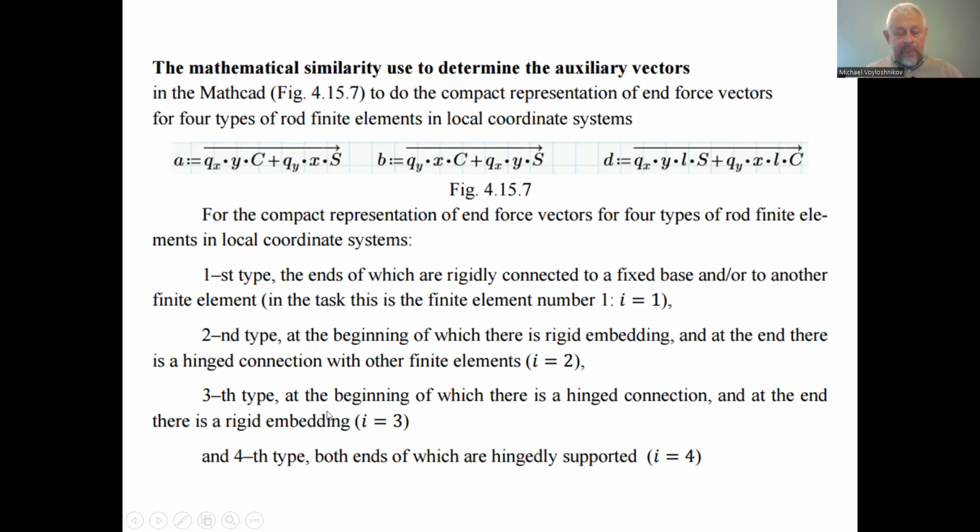The third type is the rod finite element hingedly supported at the beginning and embedded at the end, and in our considered exercise, the number of the finite element is 3. The fourth type is the finite element hingedly connected at both ends, and in our exercise, the number of the finite element is 4.